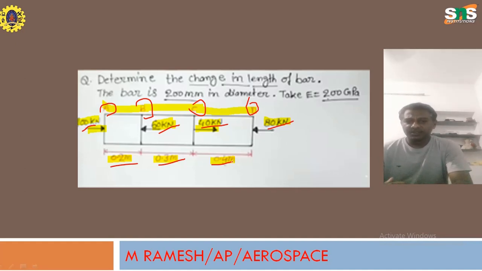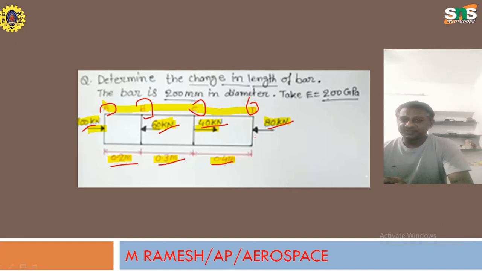But to find the change in length, load is very important. Which load are we going to use, whether 100 kilonewton, 60, 40 or 80, or whether we are going to take the average of all the loads? That is the matter here.